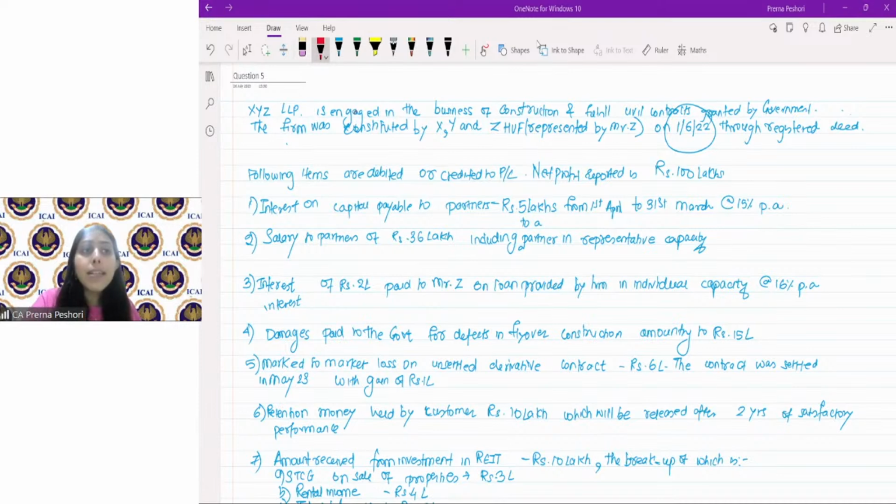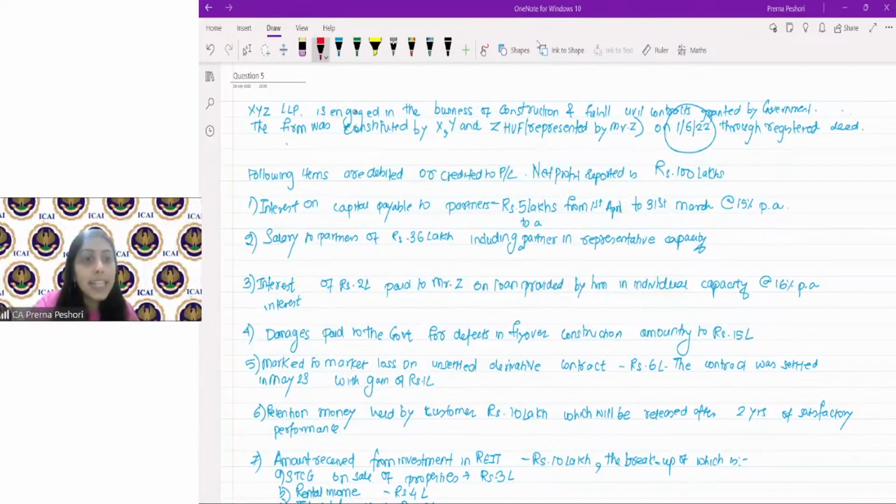What does section 40(b) say? 40(b) first of all allows you the interest only up to 12%. Secondly, it should be authorized by the partnership deed.